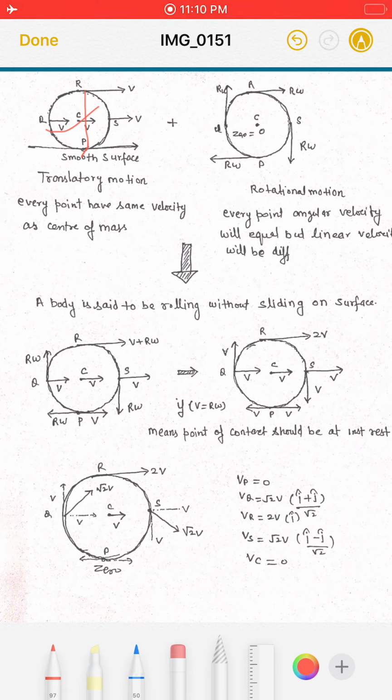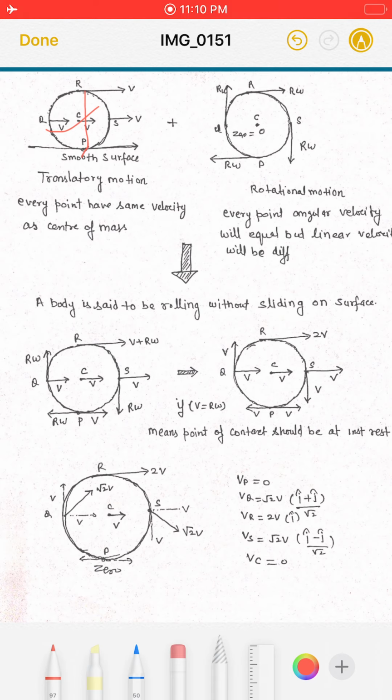Now if I ask what's the velocity of point Q, that will be the vector addition of V and V, and the angle between these two is 90 degrees. Taking the vector addition at 90 degrees, that will become root 2V. So the velocity of point P is 0, the velocity of point Q will be root 2V, and the direction of this one will be northeast. So I am writing one unit vector along that northeast.